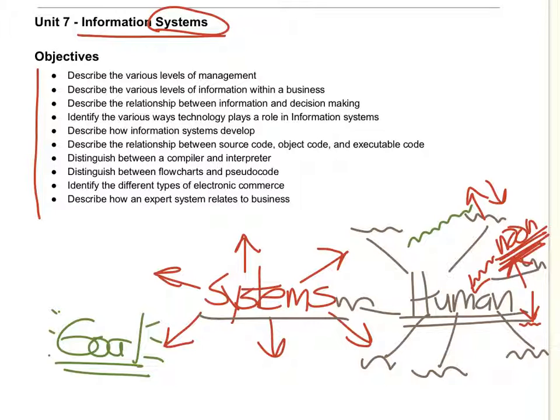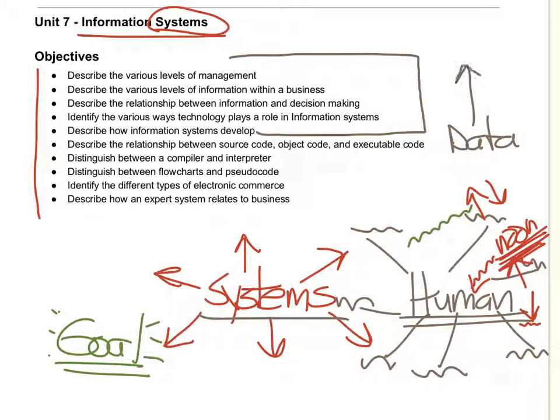Okay, where are we going here? Let's talk about this up here. This group of objectives is just to help us understand how in business now we can take data, convert that into information that allows us to run a business or to manage something.